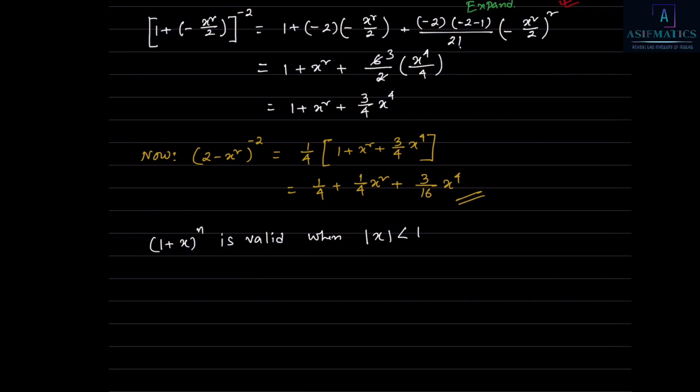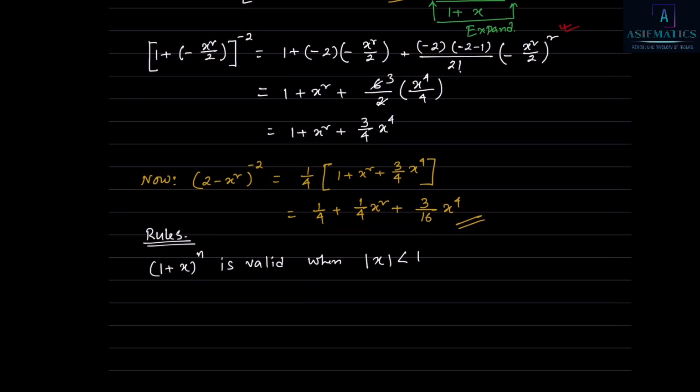This is the theory and these are the rules. So let us see what our 1 plus x is. Here we already know what our 1 plus x is. In this case, our 1 plus x is this one.